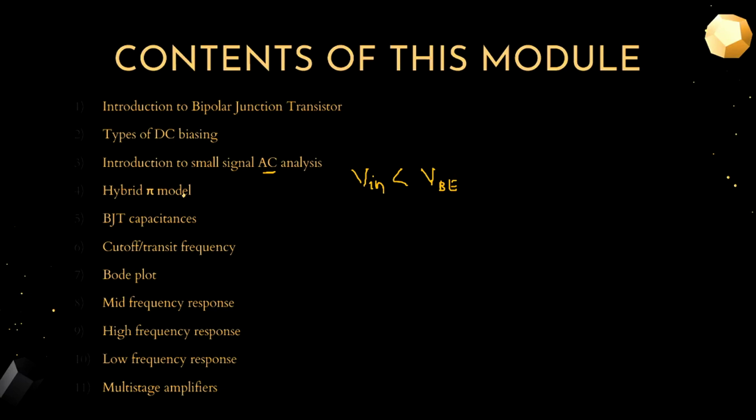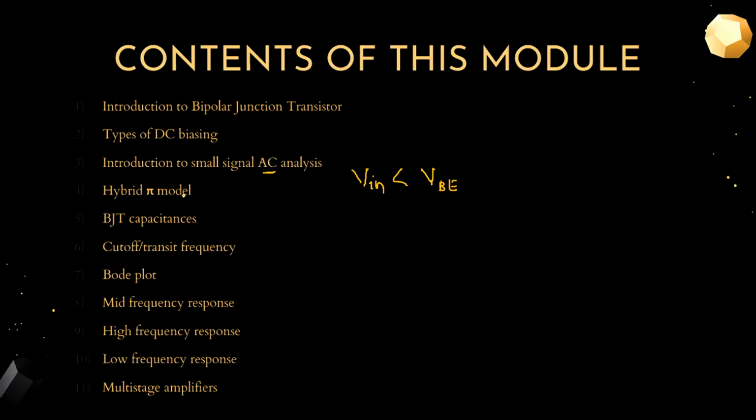It behaves differently for mid frequency and differently for higher frequency, and the reason for this difference in behavior is the BJT capacitances, like I mentioned. We learn in detail which capacitance is active at which frequency and how they affect our voltage gain. And we'll conclude what the best frequency for voltage amplification is.